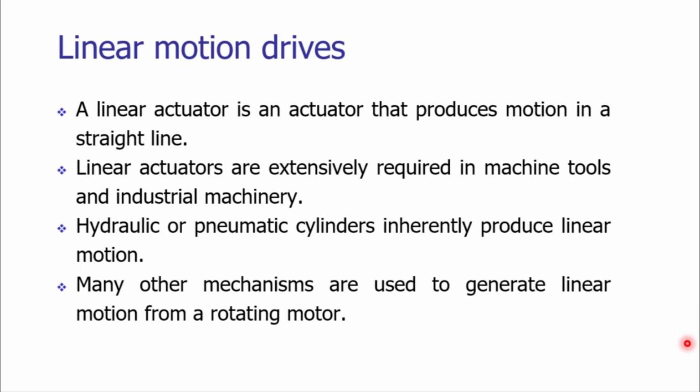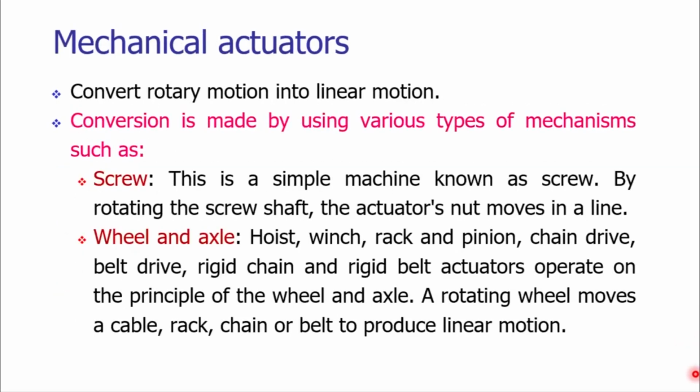The hydraulic cylinders and the pneumatic cylinders are producing the linear motion. However, there are many other mechanisms which are generating the linear motion from the rotating mechanical energy which is coming from the electric motors.